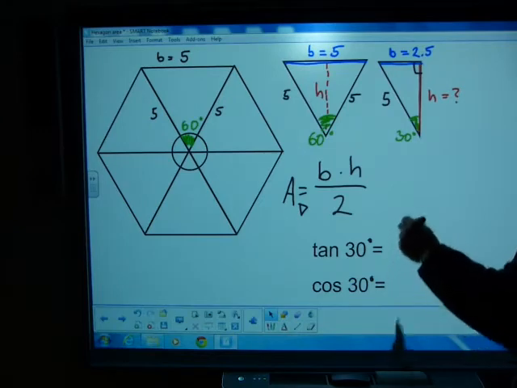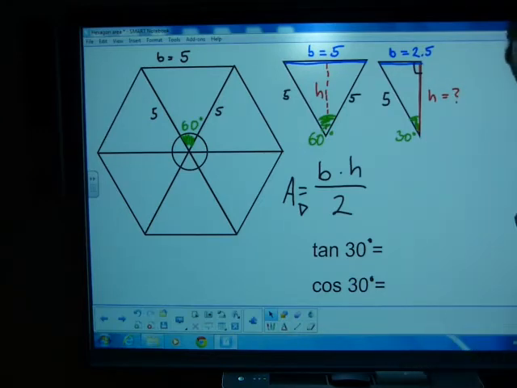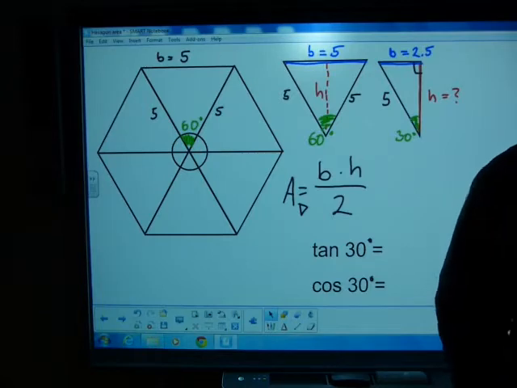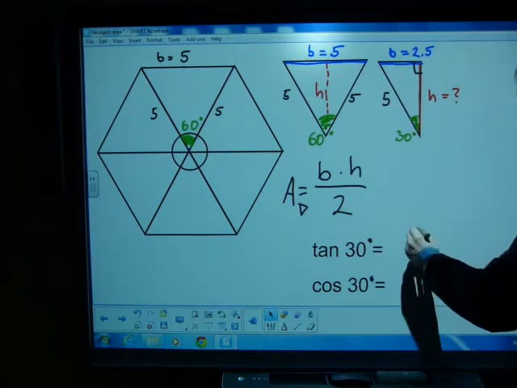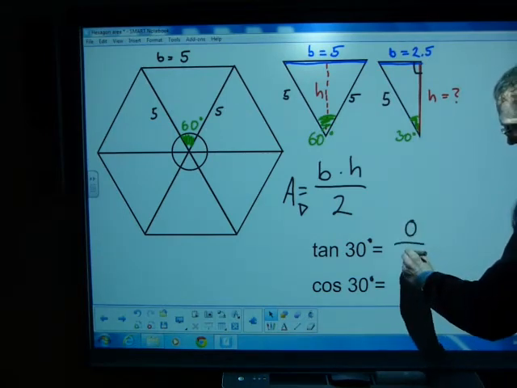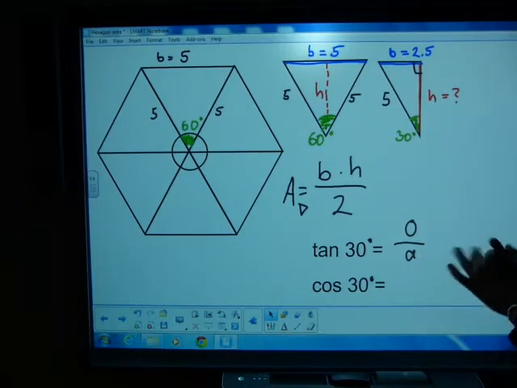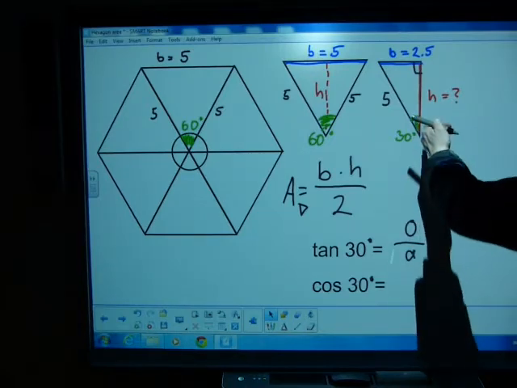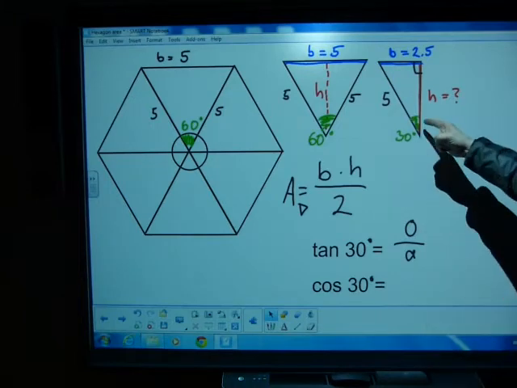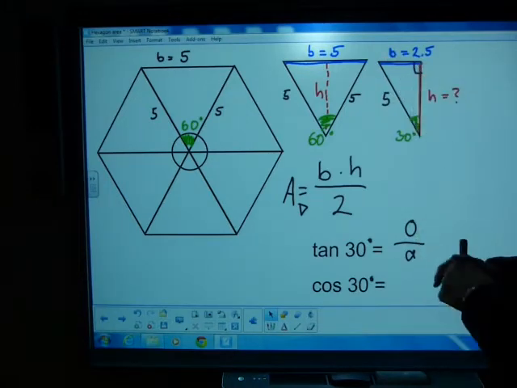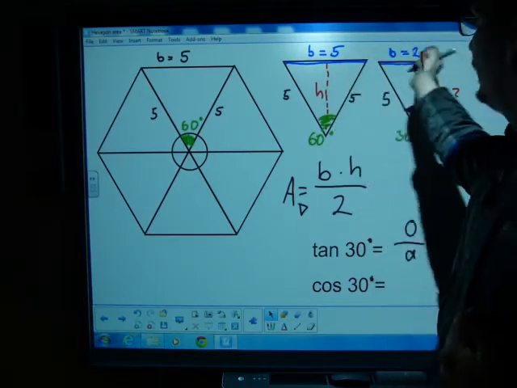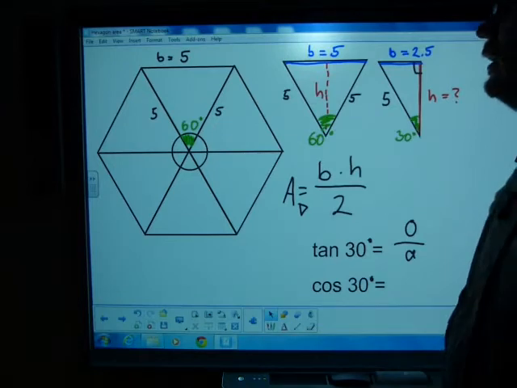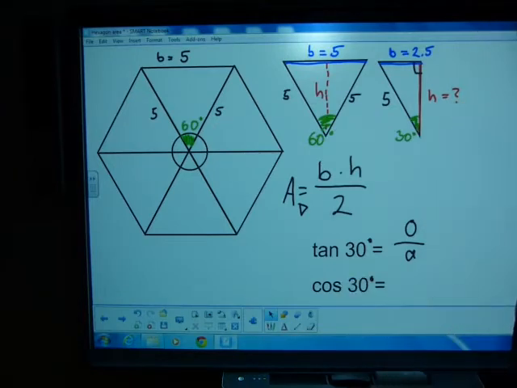The tangent of an angle is, if you remember this little memory jogger, SOH CAH TOA, tangent is opposite over adjacent, and the opposite side in relation to this 30-degree angle is the base. So the base now also became half of its original base, because I cut the original equilateral triangle in half.